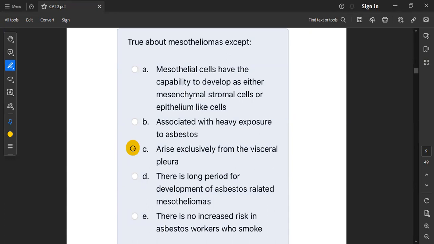Basically, tobacco smoking is not a risk factor for mesothelioma, and therefore it's true that there's no increased risk for people who smoke and work with asbestos itself. But the correct response is C, because they do not arise exclusively from the visceral pleura; they can also arise from the parietal pleura.